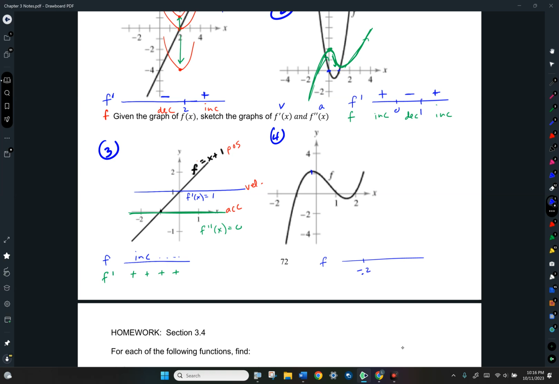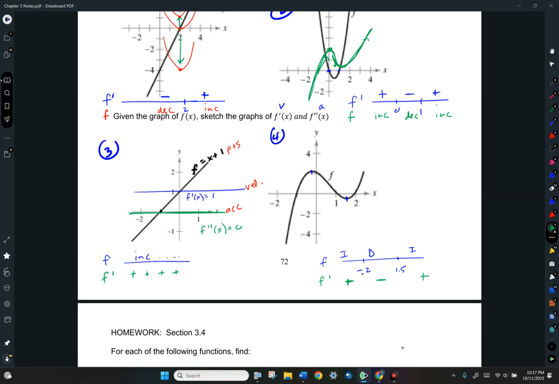So that's where my original function goes from increasing to decreasing, and then it decreases until I get to about right here. I'll call that 1.5, when it changes to increase again. So what that means about my original function is that it's going from positive, meaning above the x-axis, to negative, meaning below, to positive.